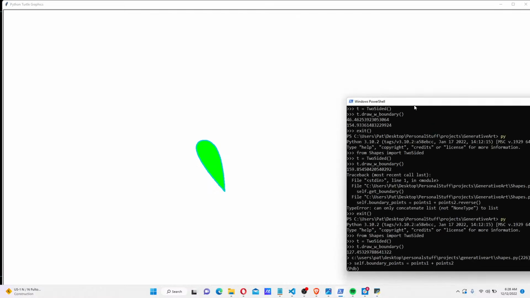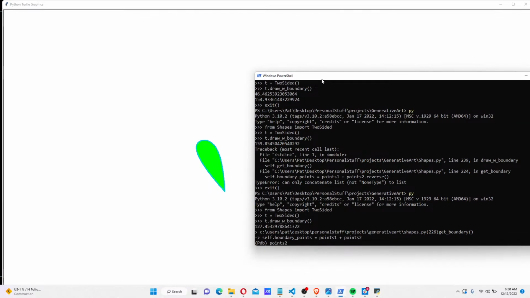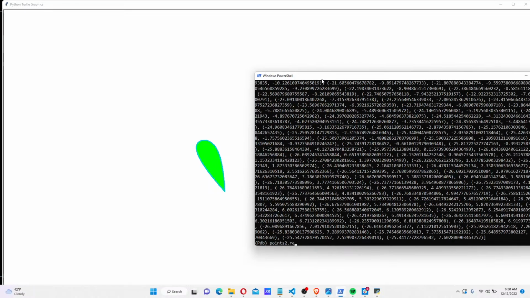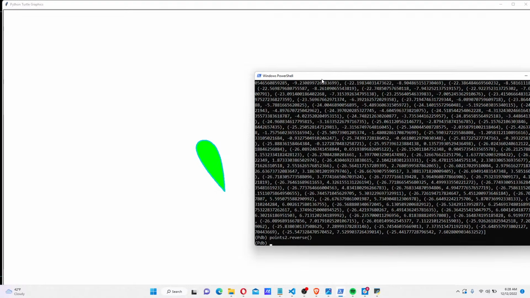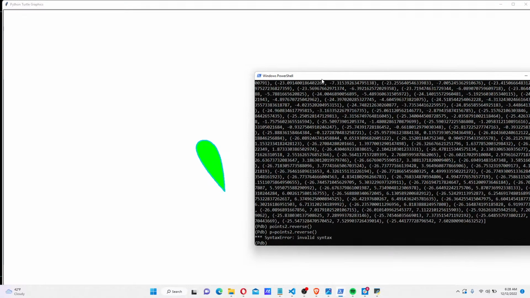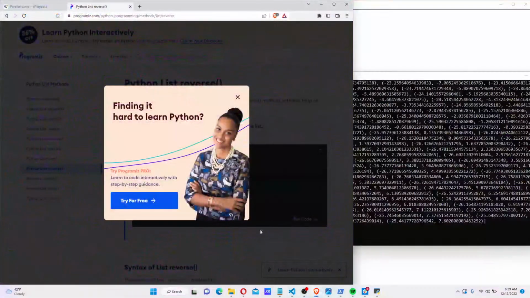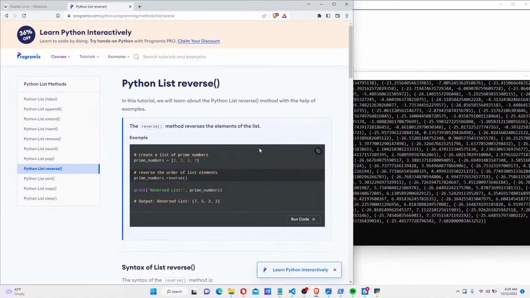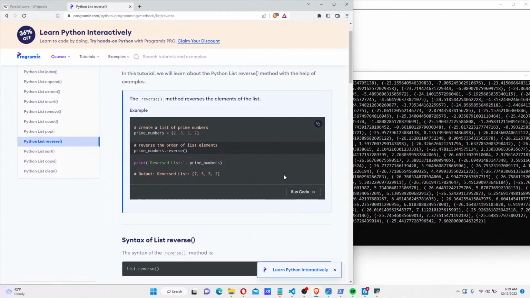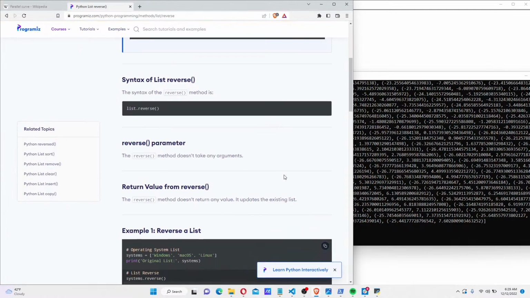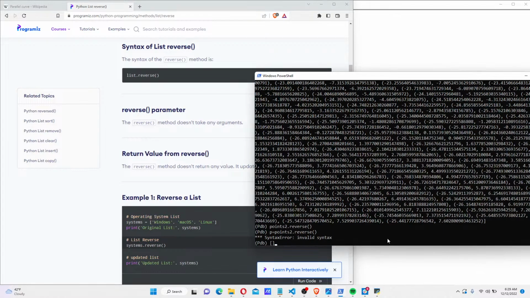That was a cool shape. Points 2, and then if I try to reverse it, dot reverse.